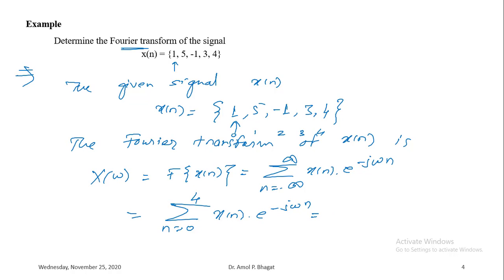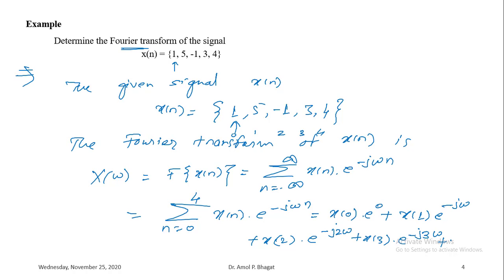Substituting the values of n, it will be x of 0 into e to the power minus j omega 0, which is e to the power 0, plus x of 1 e to the power minus j omega, plus x of 2 into e to the power minus j 2 omega, plus x of 3 into e to the power minus j 3 omega, plus x of 4 into e to the power minus j 4 omega.